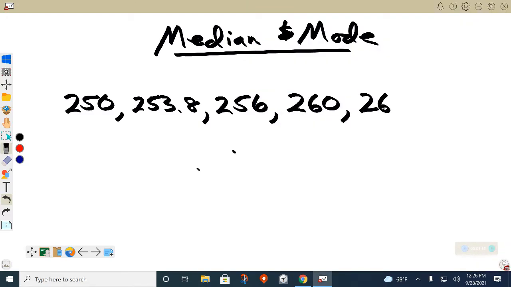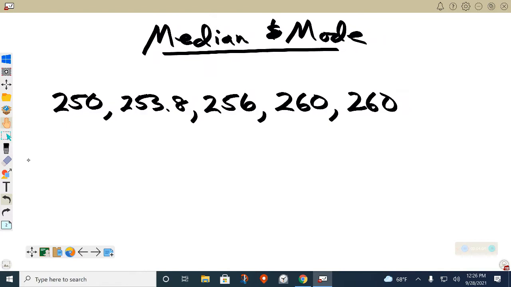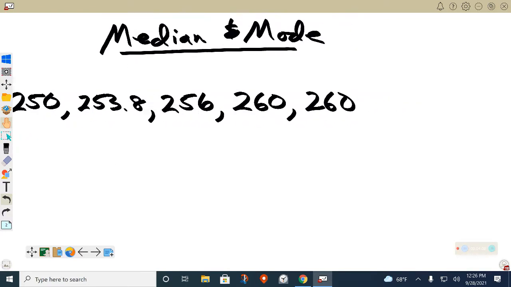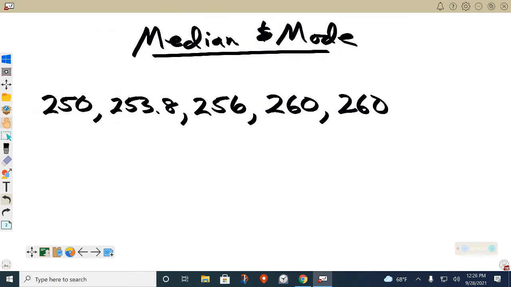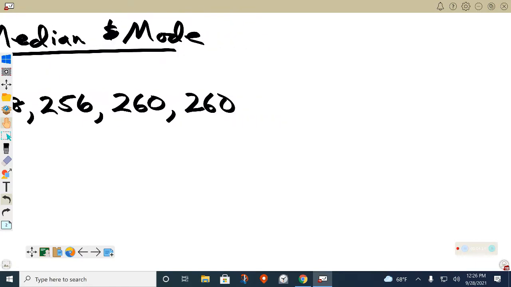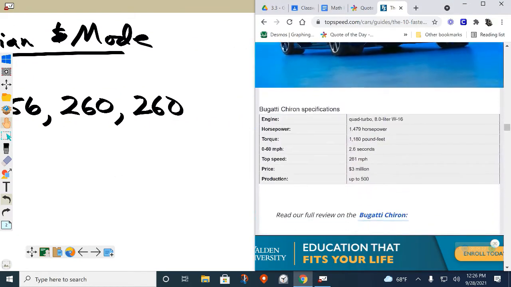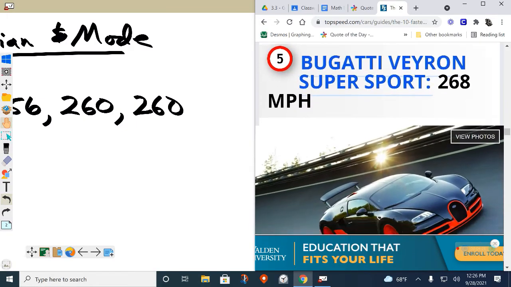So here's the bottom 5. Questions so far? All I'm doing is putting the data in order from least to greatest. Starting with the McLaren at the bottom, that's Gaia's future car. And we're now at the 5th fastest car in the world, the Bugatti Veyron Super Sport.